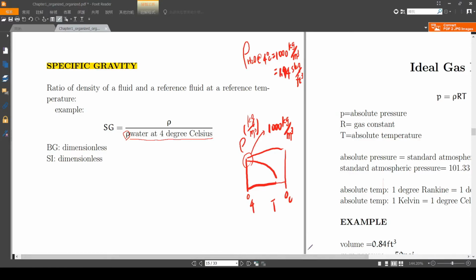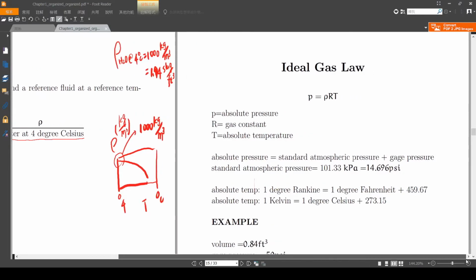Then the next part is the ideal gas law, also called the perfect gas law. I think you have already learned it in high school. The equation is that the pressure is equal to the density times the gas constant times the absolute temperature. Here T is the absolute temperature. You must be very careful about this.